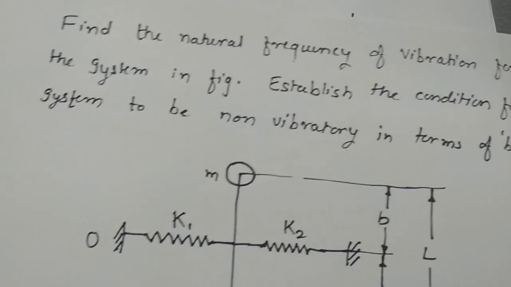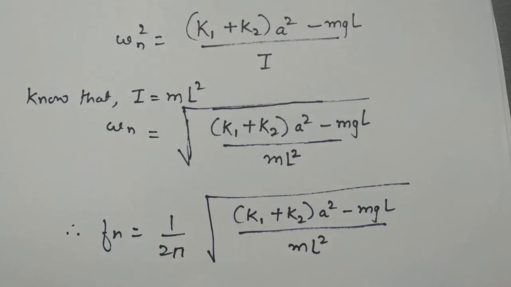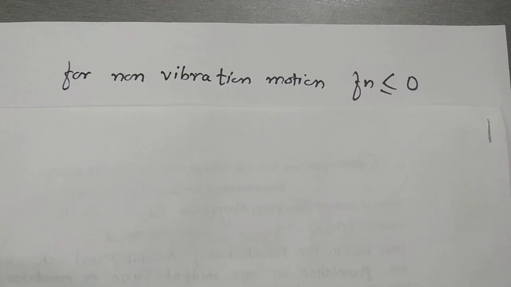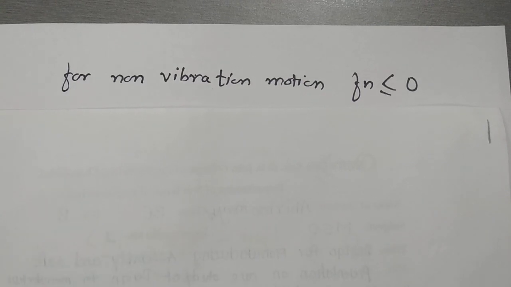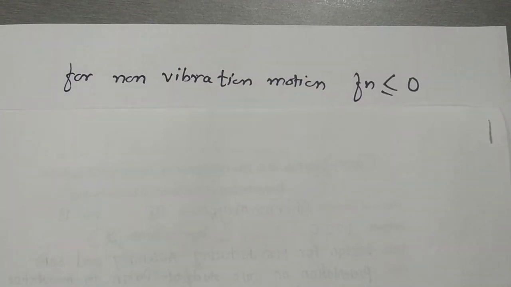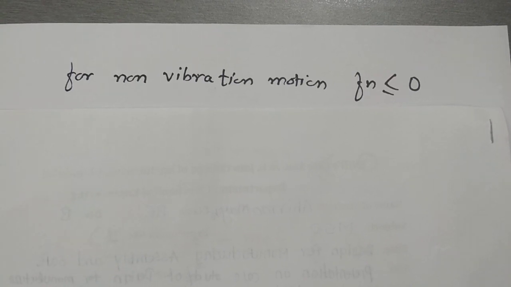If you want to make this system non-vibratory, it means the natural frequency calculated should be less than or equal to 0.